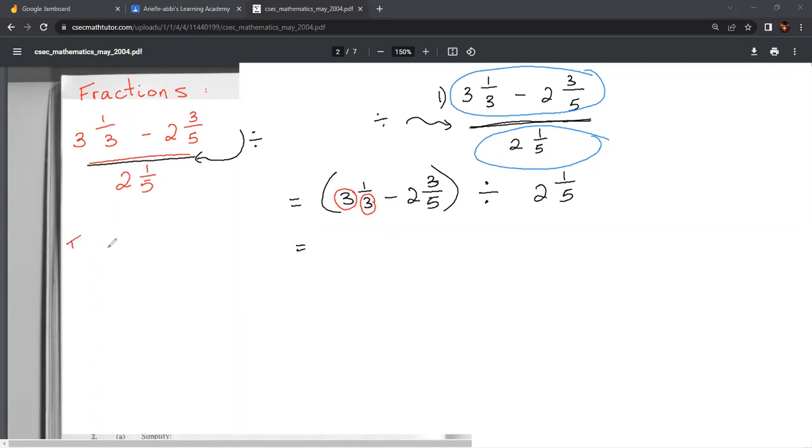So to change a mixed number to an improper fraction, that's where the numerator is bigger than the denominator.